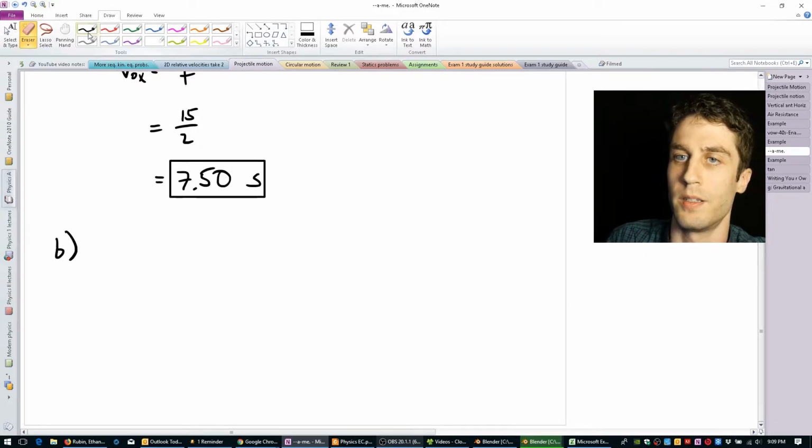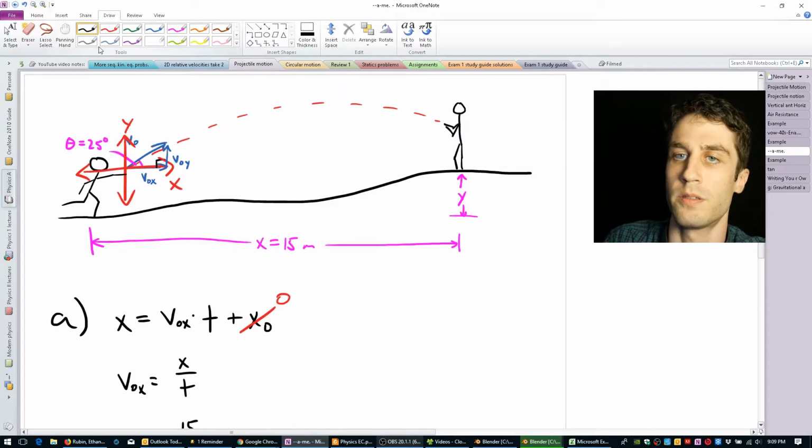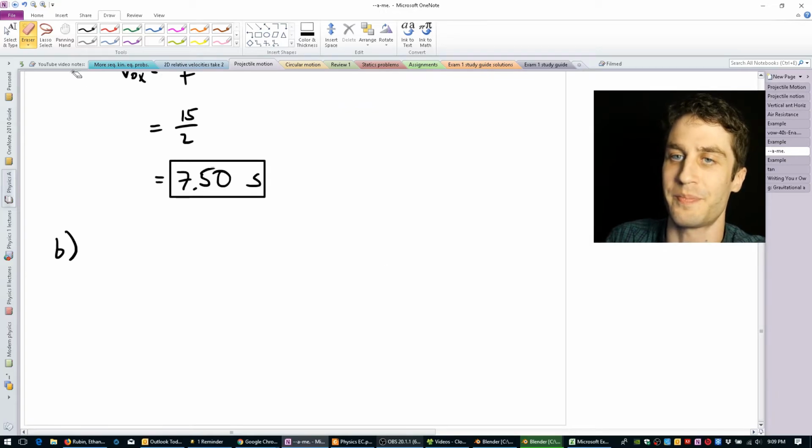Okay. So what we'll use is some SOHCAHTOA, and we want the part that involves the opposite side, which we're interested in, v naught y, and the adjacent side, which we have. And so that's tangent, TOA.